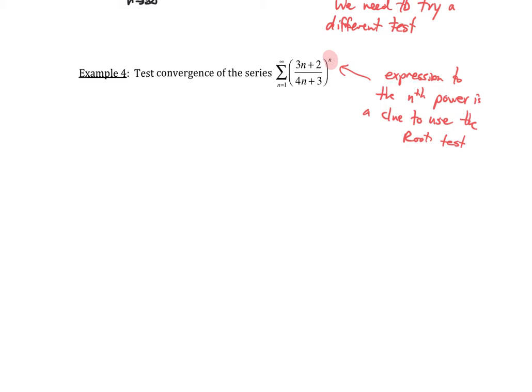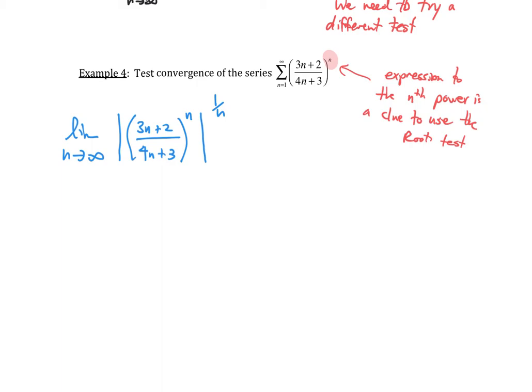So what we need to do is calculate the limit as n goes to infinity. I want to take the absolute value of the inside. So the inside is the expression (3n plus 2) over (4n plus 3), quantity all raised to the nth power. We put absolute values around that general term, and then we take the nth root.